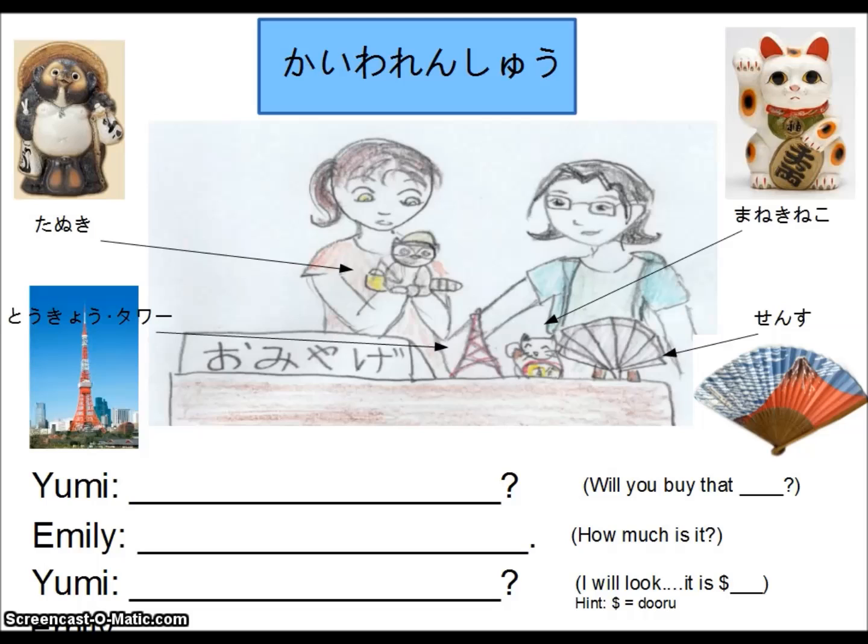And Emily will answer, well then, I won't buy it. Well then is something from our vocabulary list, so please look it up. And we're going to use the verb to buy, but we're going to use it in the negative form. So please pause the video and take some time to either work with yourself or work with the partner to figure out a plausible dialogue.